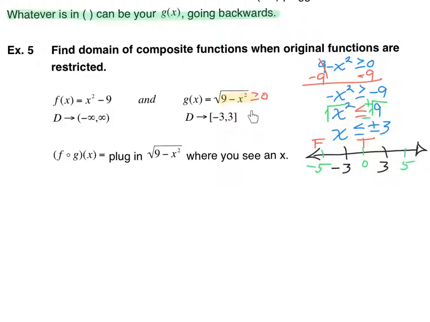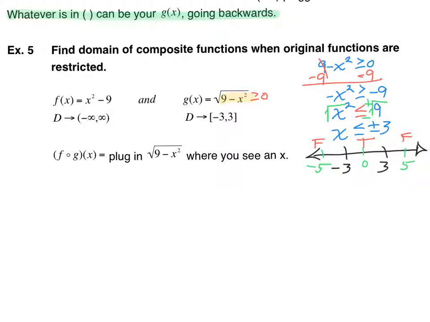Then let's test positive 5. Positive 5 squared is 25. 9 minus 25 is negative 16. So again, I cannot take the square root of a negative number, so that's false. So what that means is I only want values between negative 3 and 3, including them. So I want to go from negative 3 to 3 and include them, so we have brackets. So this is restricted, this is not.